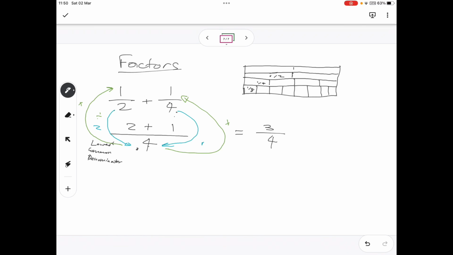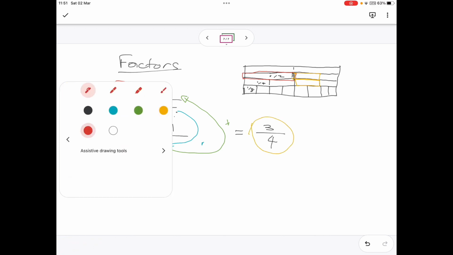Okay, so here, if we take half a bar and we add a quarter of a bar, so we take a half and to it we add a quarter. I'll make it in red. If we take that half and we add to it a quarter, so this quarter is added now to that half there.